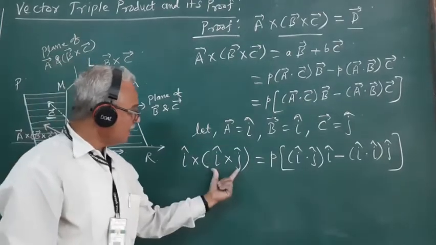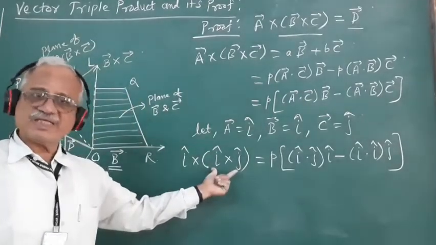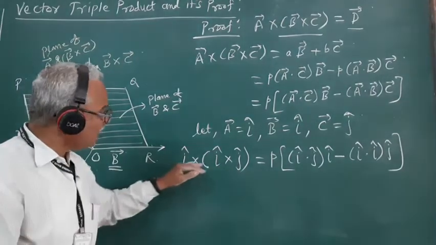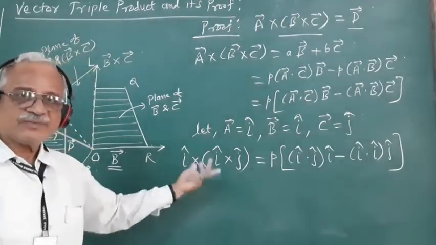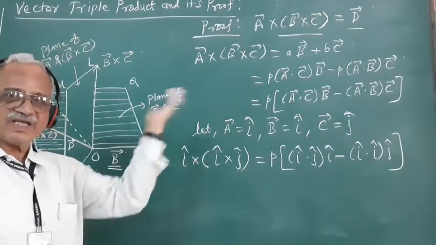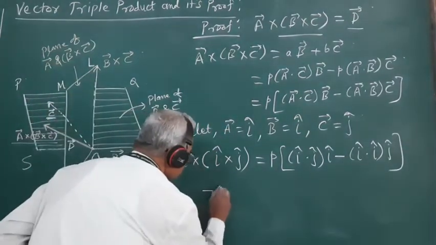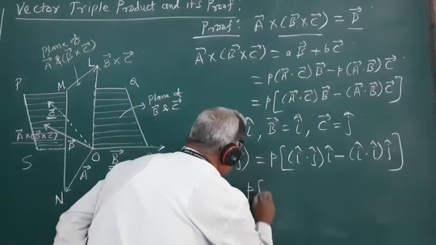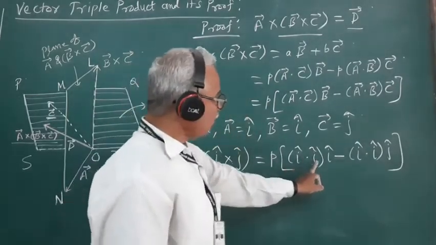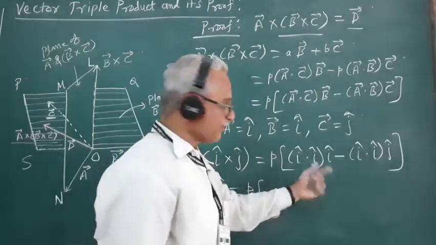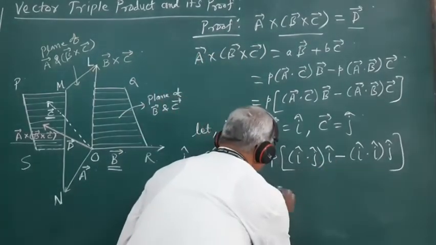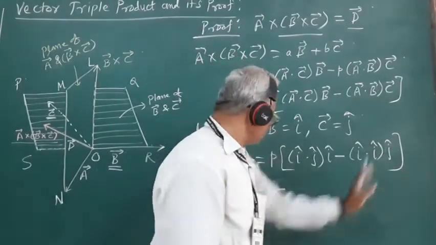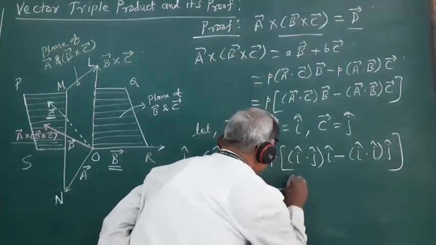So this is I cross J is K, and I cross K is minus J. So minus J is equal to P into bracket, I dot J is 0, 0 minus I dot I is 1, so this is J cap.